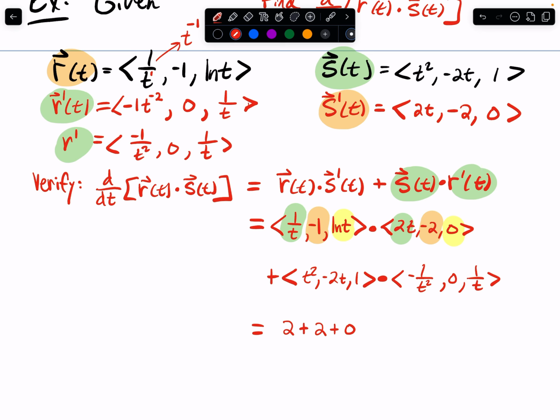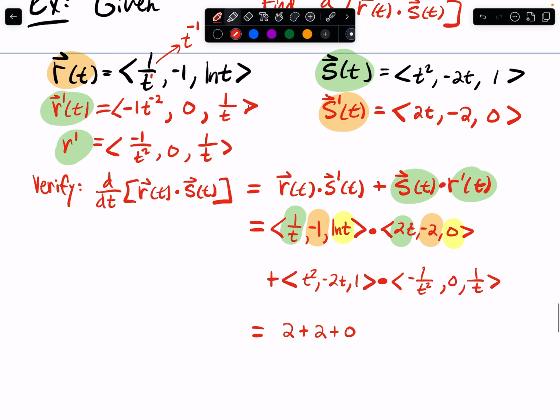The next part is going to be t squared times negative 1 over t squared, which is 1, negative 2t times 0, which is 0, and 1 times 1 over t is 1 over t.